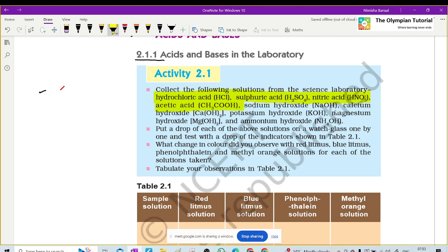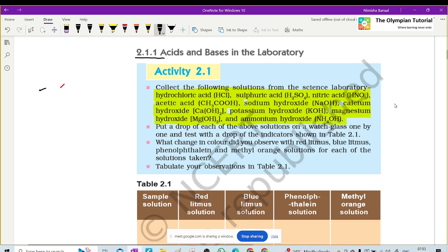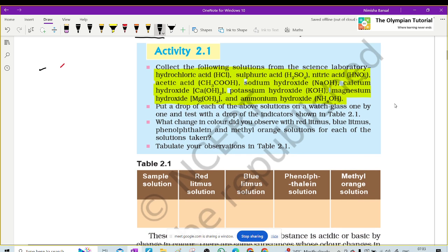Put a drop of each of the above solutions on a watch glass one by one and test with a drop of indicator shown in the table 2.1. What change in color did you observe with red litmus, blue litmus, phenolphthalein, and methyl orange solutions for each of the solutions taken? Tabulate observations. Yes, Tanya, start to tell.